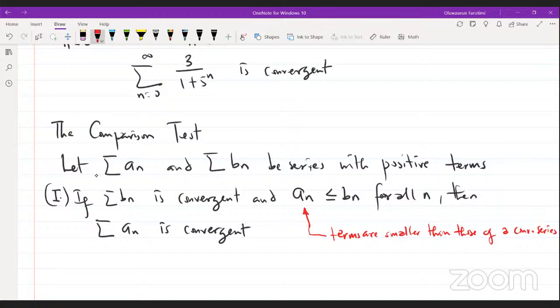When we have this sort of structure, the terms of an are smaller than those of a convergent series, just like the example we did right on top.